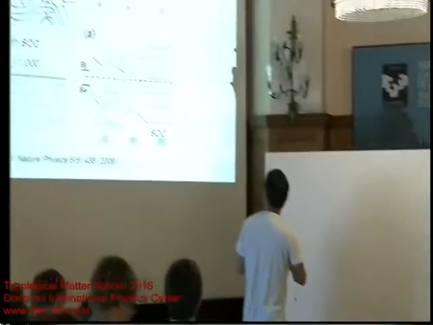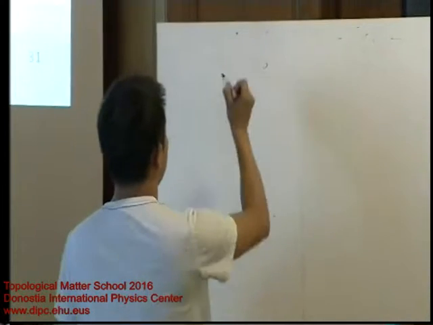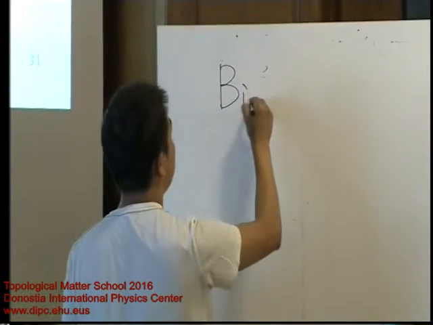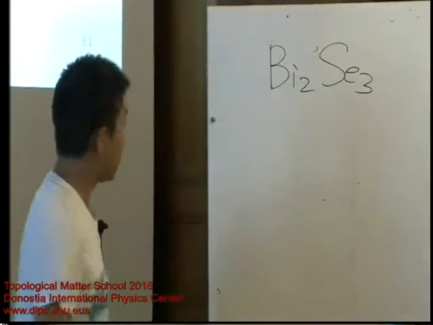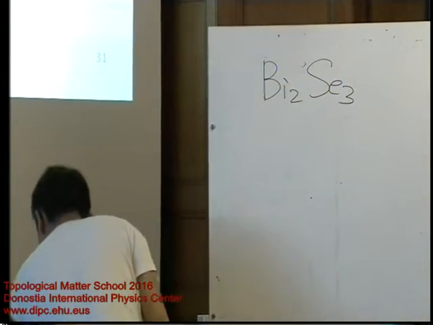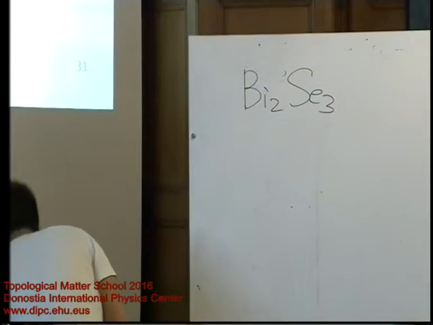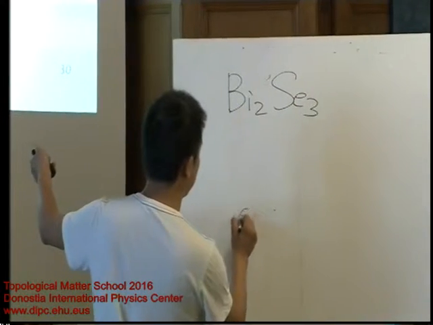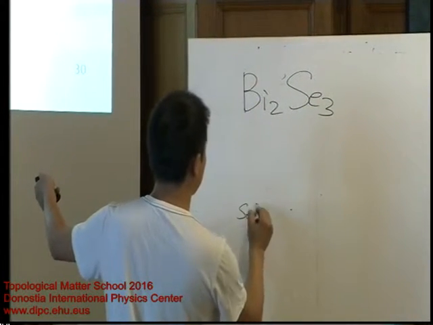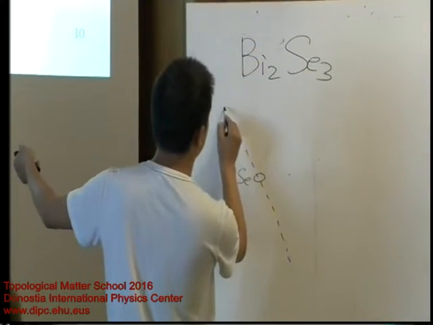Let's first start from one of them. The formula is Bi2Se3. And the crystal structure, maybe we go to it later. This is the crystal structure, and we put a selenium here. Because it's periodic, I only plot part of it.